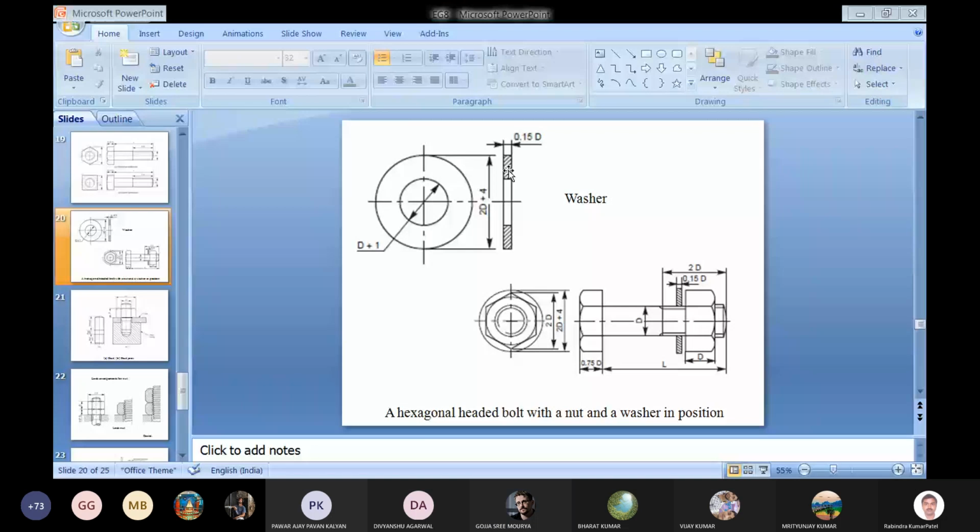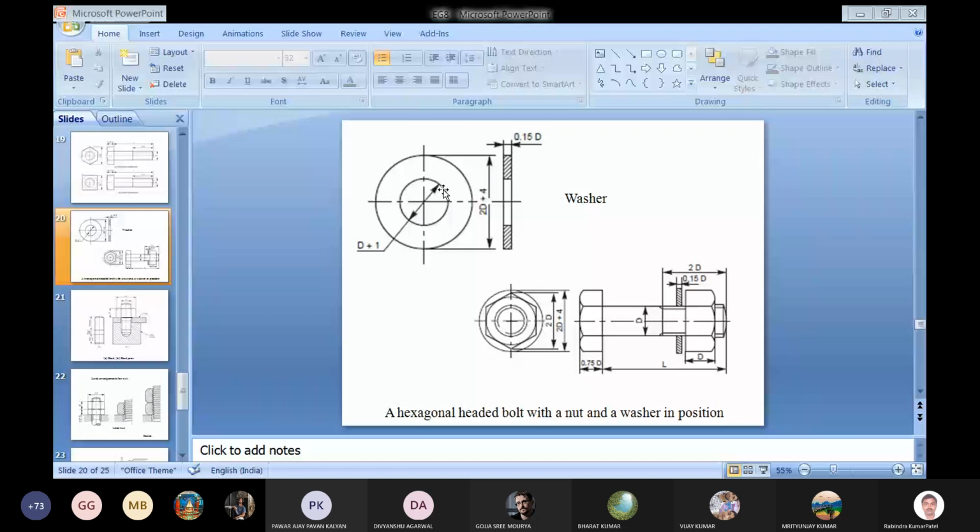In the top figure, you can see there are two views of the same component, that is the washer. A washer is like a coin, you can think of, bigger than the coin or even smaller than the coin. It is a coin with a hole, so like here there is a hole in the washer.